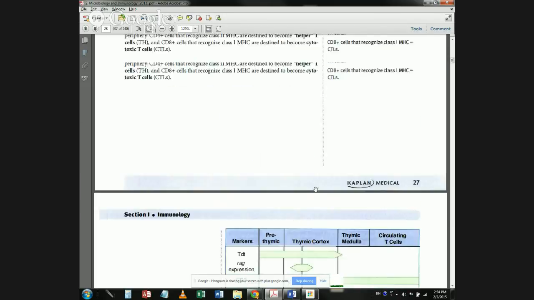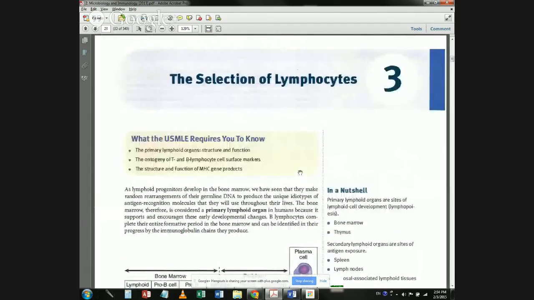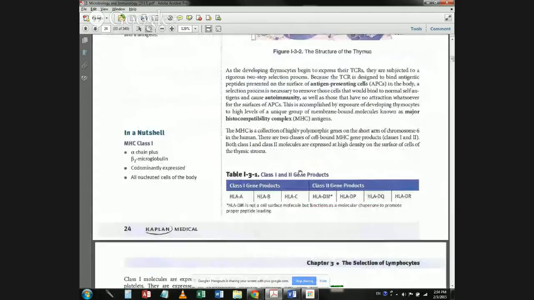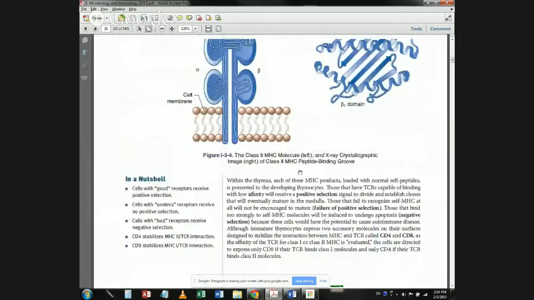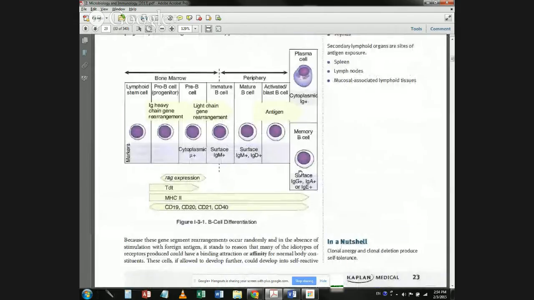Now, notice, however, where are we? We were actually looking at the table up north. Here we are. Look at that. RAG expression of this gene is happening in the bone marrow for B cells. I wonder if this is only talking about B cell differentiation, however.